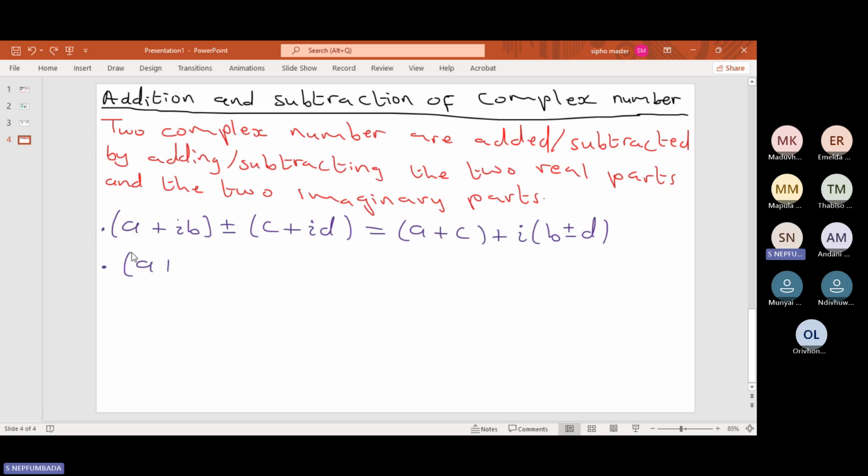If we skip, you won't understand. For example, let's say we have our z1. This is a complex number.